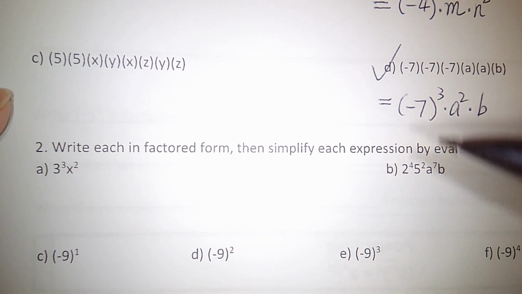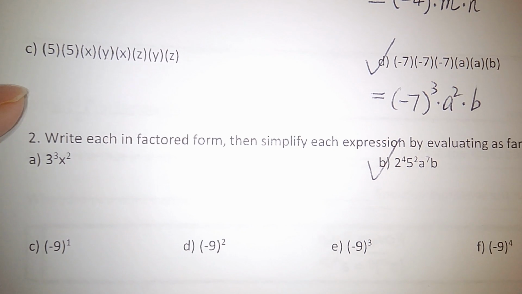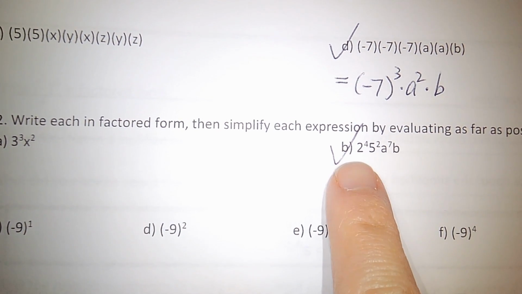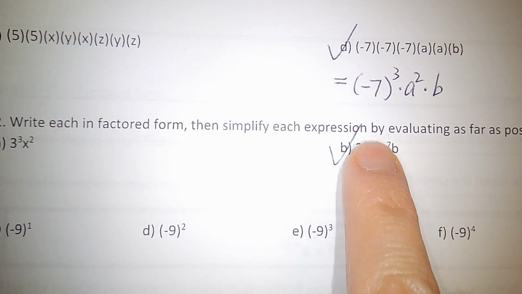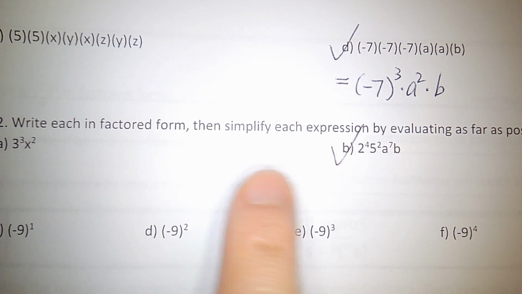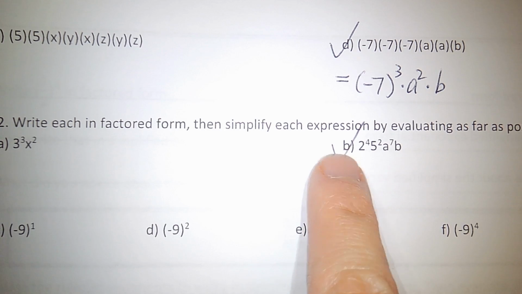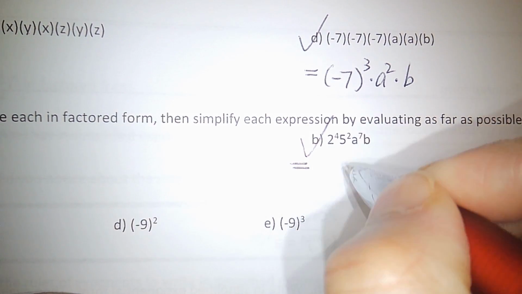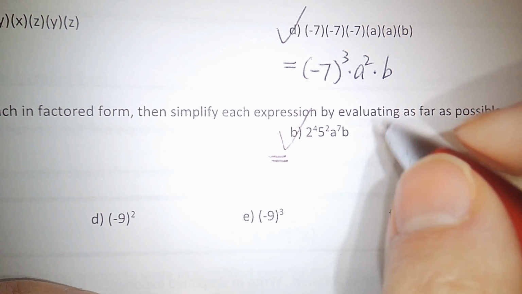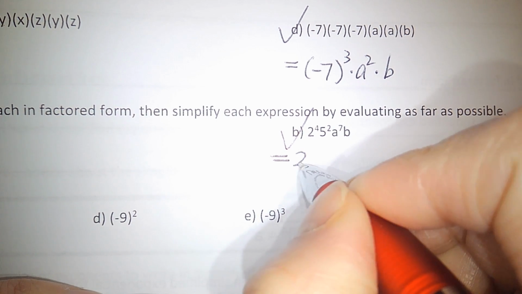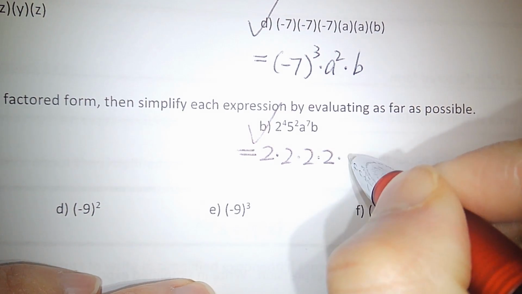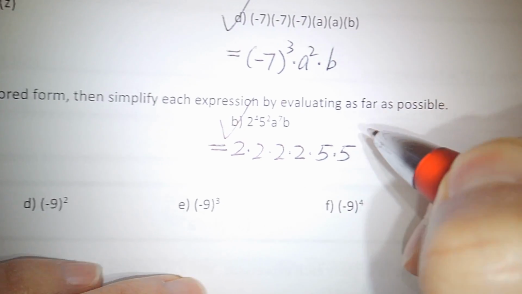So I would say let's try number B, and then some of the questions from this line. 2 to the 4th power, 5 squared times a to the 7 times b. Write it in a factored form. 2 to the 4th power in the factored form should be what? How many 2 multiplied together? 4 of 2. How many 5? 2 of 5, right?